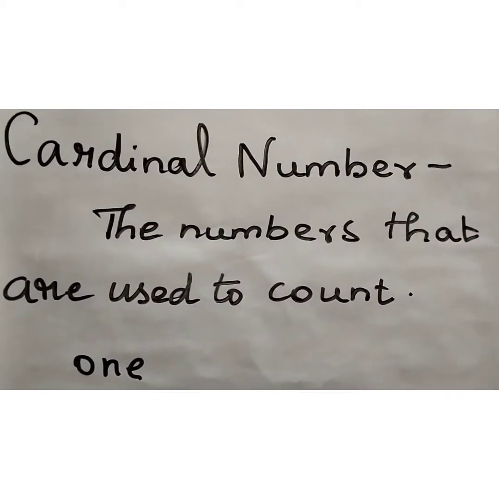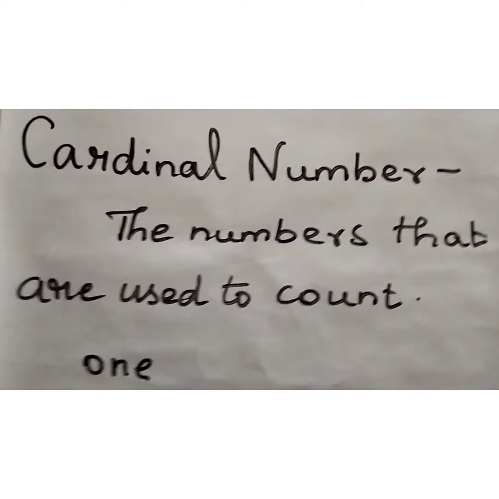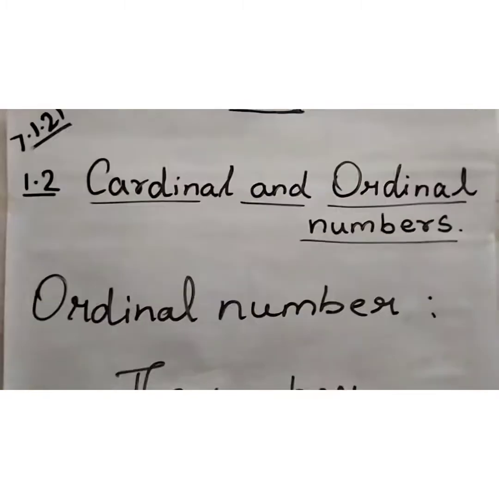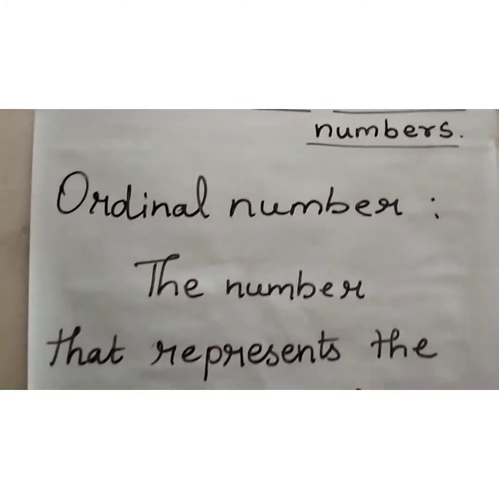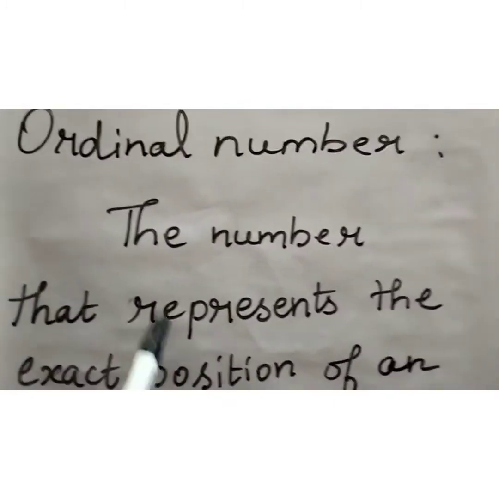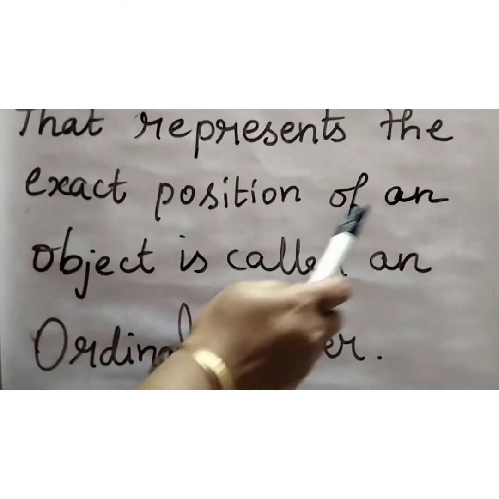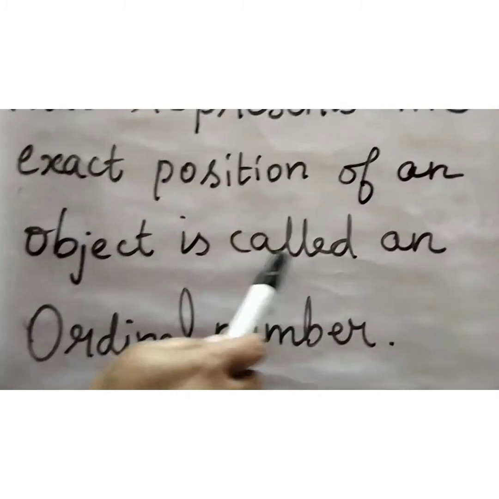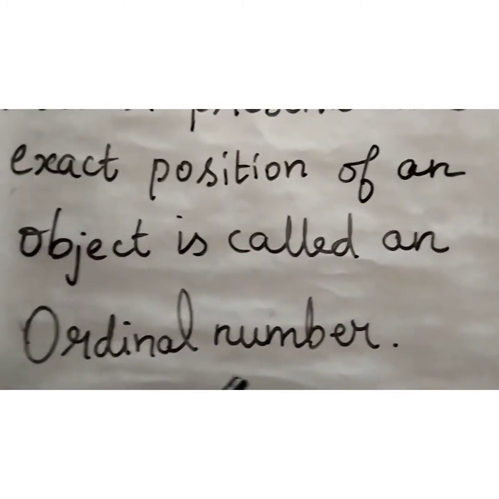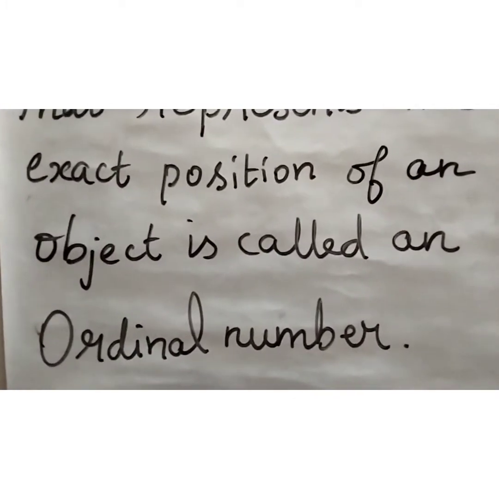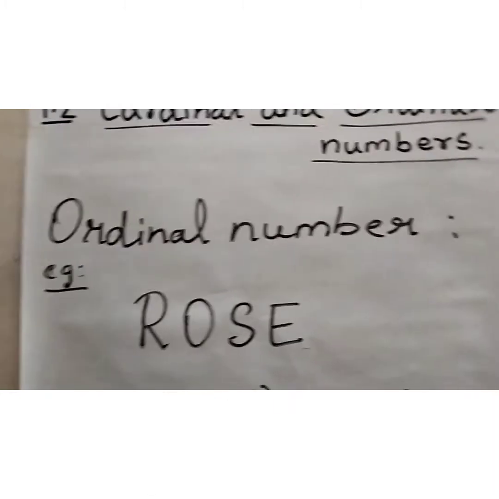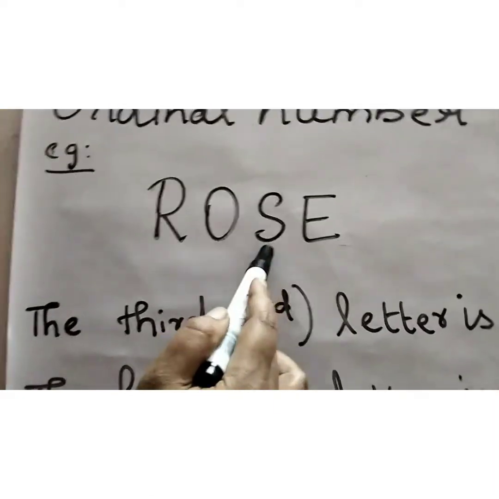Let's see what an ordinal number is. The number that represents the exact position of an object is called an ordinal number. For example, children, rose, R-O-S-E.